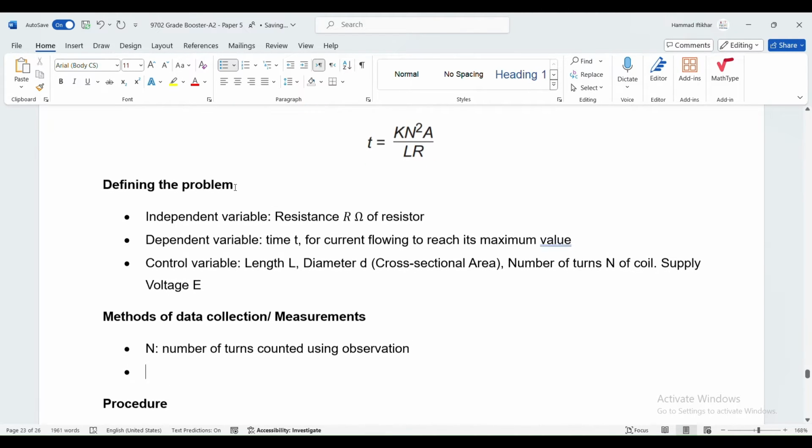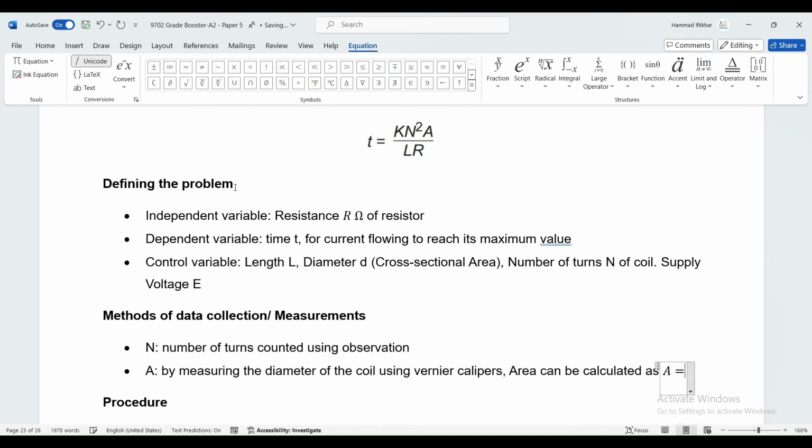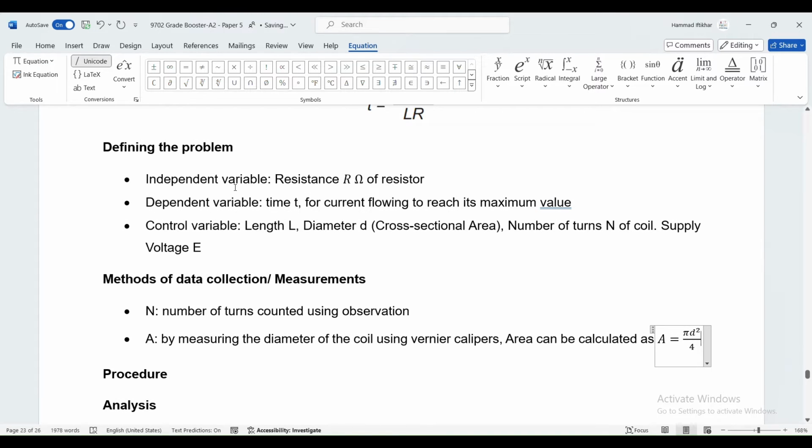Area by measuring the diameter of the coil using vernier caliper. Area can be calculated as A is equal to pi d squared over 4, right? Not pi r squared, since we're measuring the diameter.